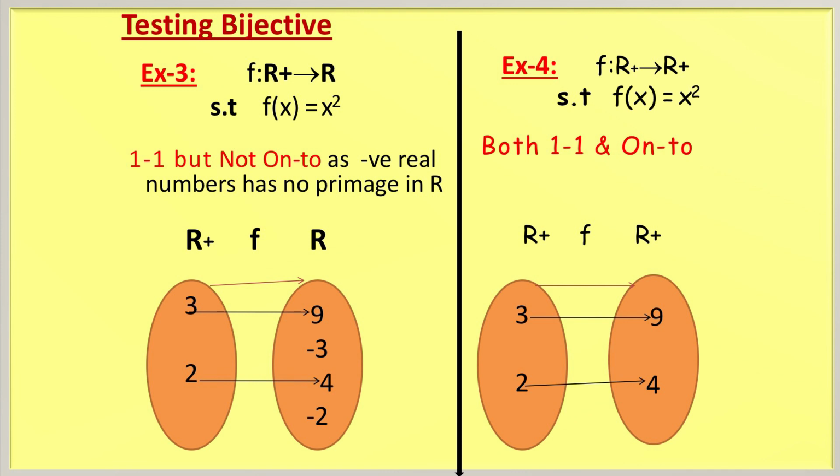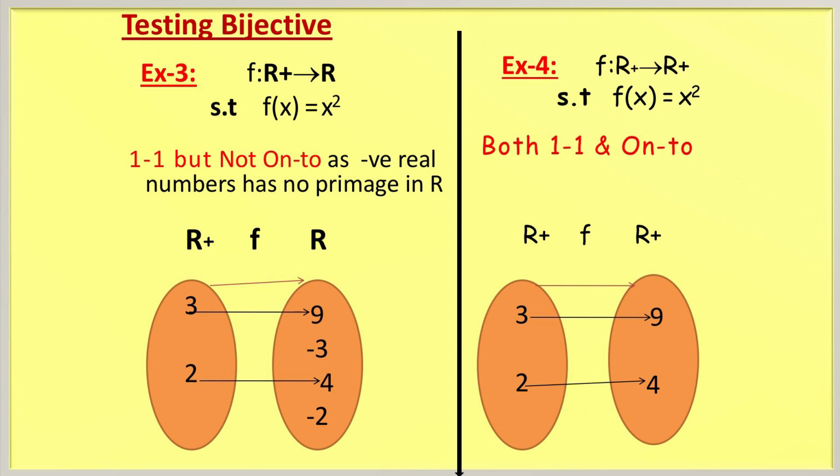Since there are only positive real numbers, the square of 3 is 9, 2 square is 4 and the square of root 2 is 2. So, it is 1-1. We will prove it later, and it is not onto because the codomain set is R, there are negative real numbers which are not related, that means they do not have any pre-image.